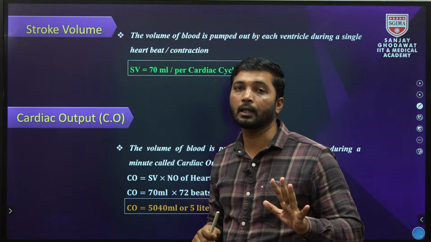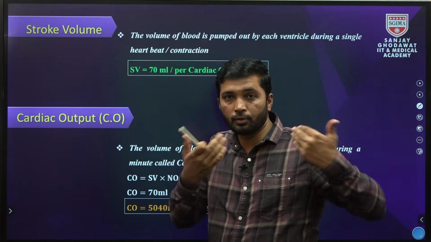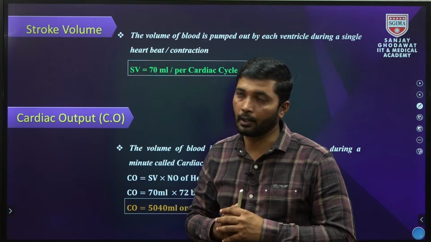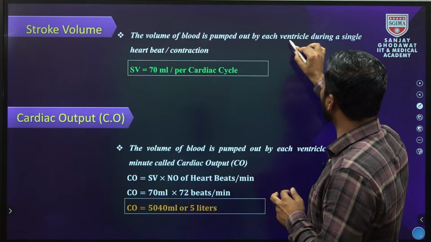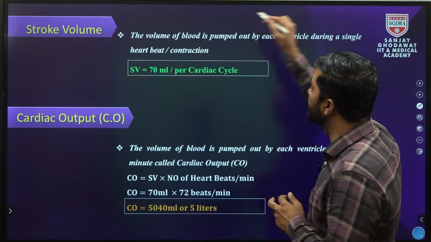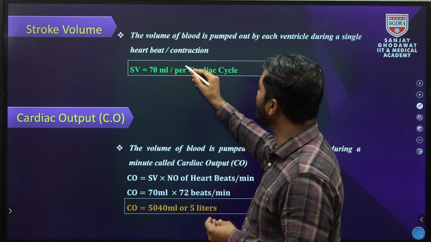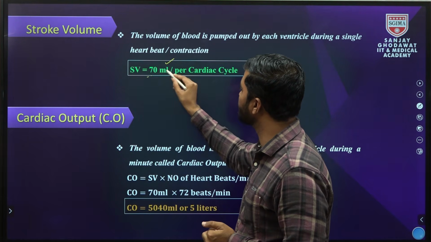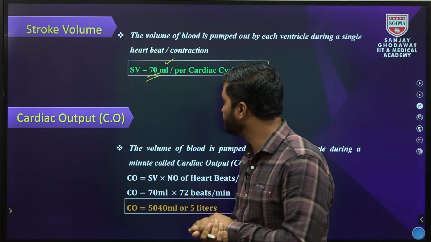During a single heartbeat, the amount of blood pumped out by each ventricle is called the stroke volume. The normal stroke volume is 70 ml. This is objective-wise important.